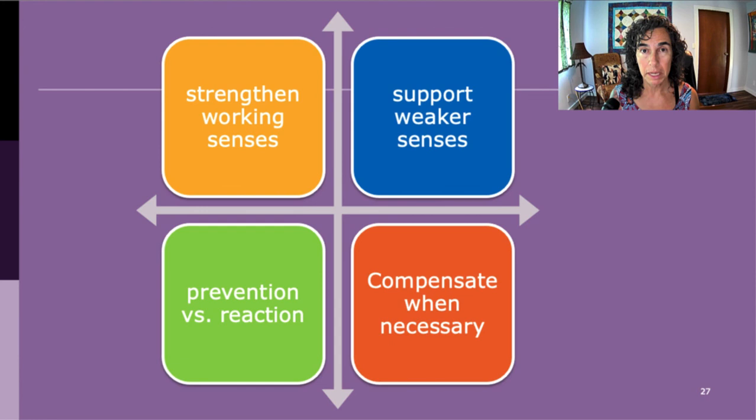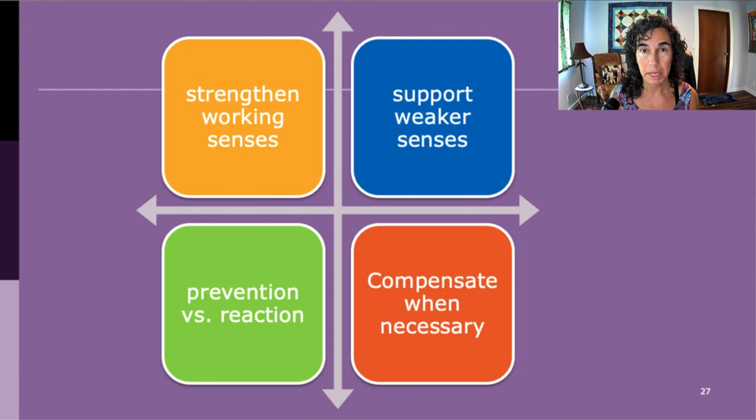So the idea of sensory integration is that all 8 of the senses are working together to support the child, right? So if we strengthen the working senses, if a child has great proprioception and vision, let's use proprioception and vision to help support vestibular until vestibular can become a little bit more functional.